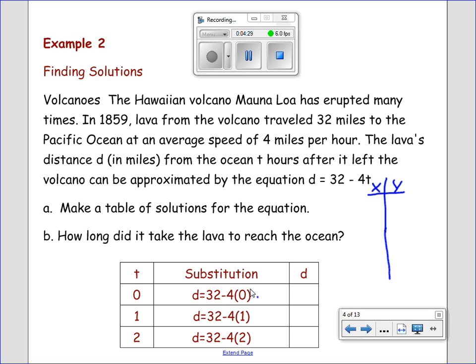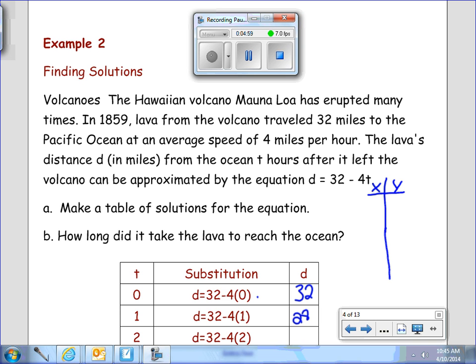So if we substitute t for time, the actual distance is equal to 32 minus 4 times 0. How much farther do they have to go if there was no time that passed? Well, that would be 32. Then, after 1 hour, if you substitute the 1 in there for that equation, how much farther do they have to go?